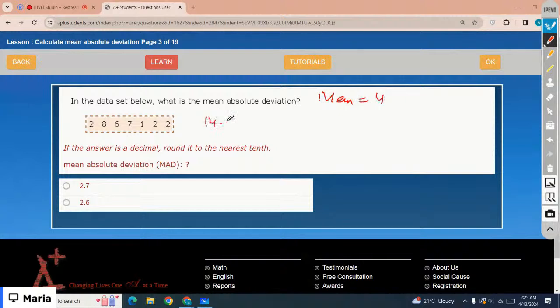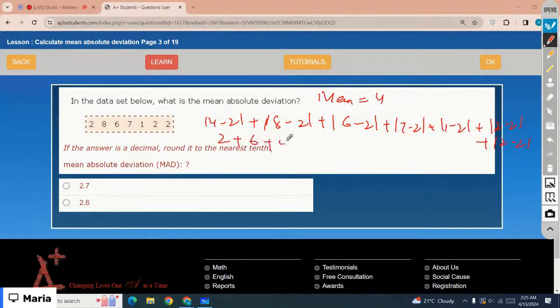Now subtract each value from the mean. 4 minus 2 is 2, 8 minus 2 is 6, 6 minus 2 is 4, 7 minus 2 is 5, 1 minus 2 is 1, 2 minus 2 is 0, 2 minus 2 is 0.